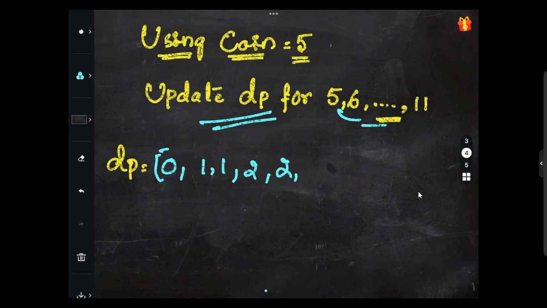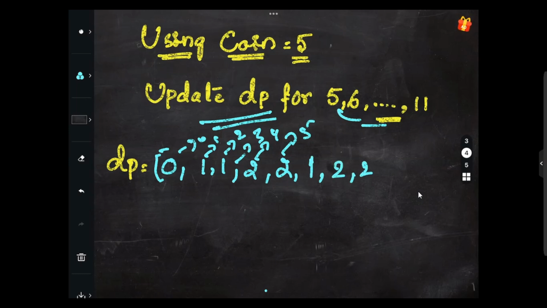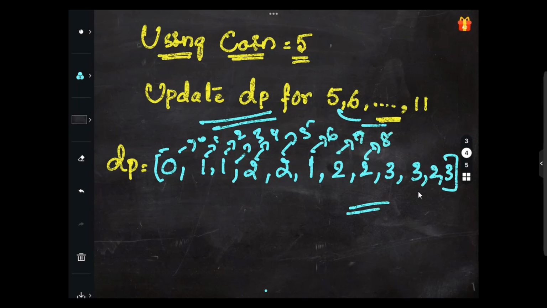From 5, again this will be 0, 1, 2, 3, 4, 5. So from here we will start updating. This will be 1, 2, 2, 3, 3, again 2, and it will be 3 here. In this case, this will be 6, 7, 8, 9, 10, 11 and 12.